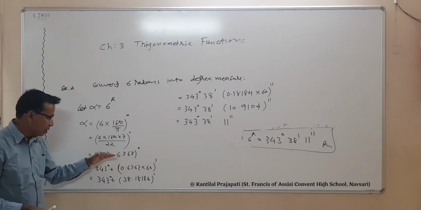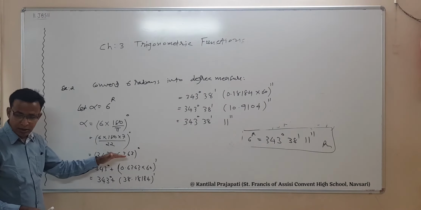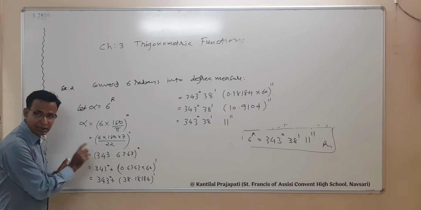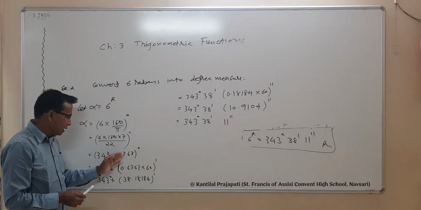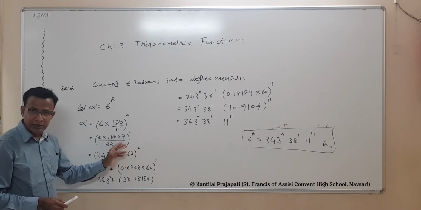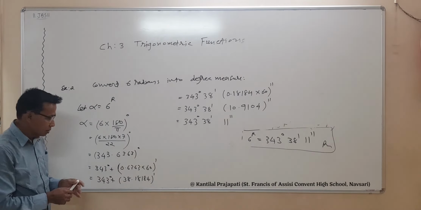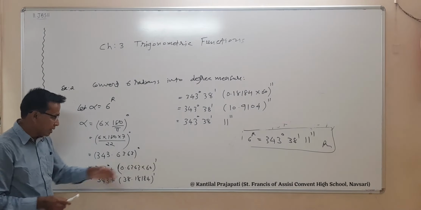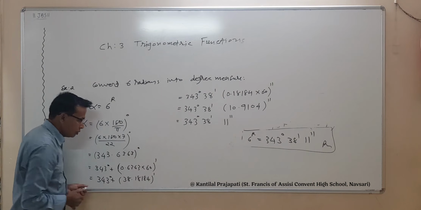The integer part is 343, so we write 343 degree in the integer part. Now the fraction part in degree form is 0.6363 degree. To convert it into minute, the fraction part is multiplied by 60.